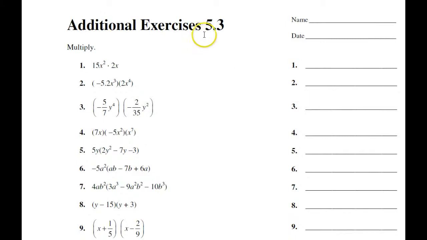We're going on now to topic 3 of chapter 5, dealing particularly with the various patterns of multiplication of polynomials. So as we see in this first one, we're going to go 15 times 2, which is 30 x to the third.